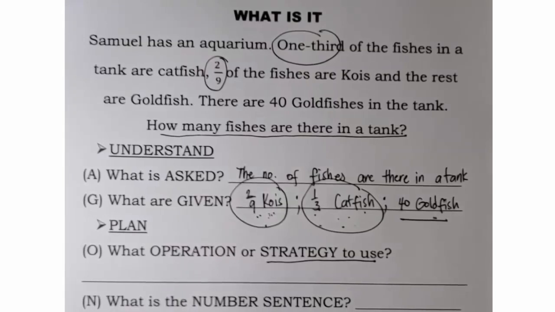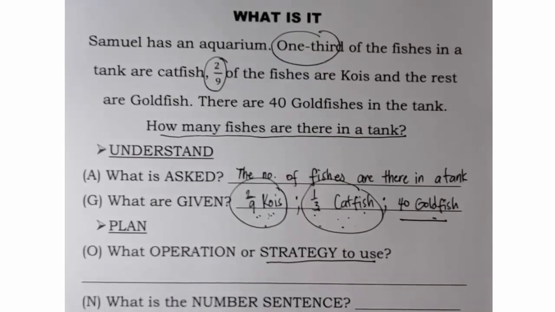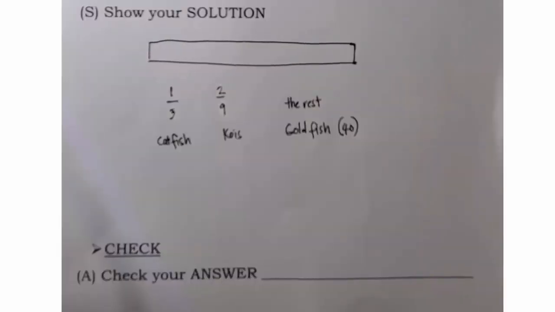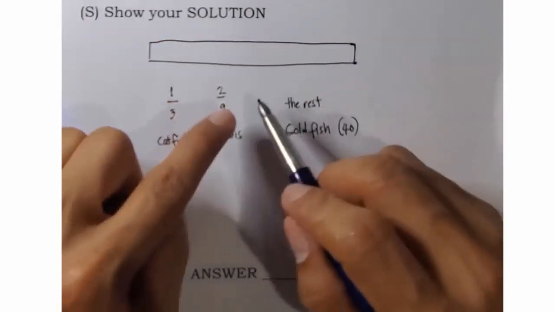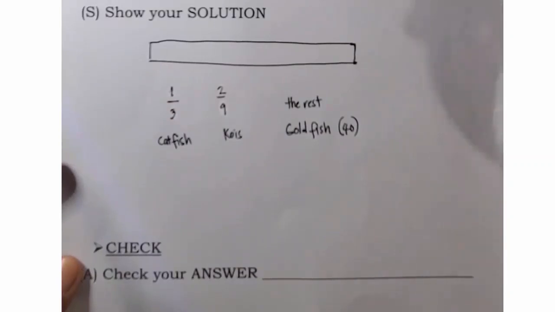Going back to our problem, let us decide what is the best strategy for us to solve this problem. Allow me to show you the solution, which is making a diagram through the model approach. In this problem, we have one whole rectangular block, which would represent the total number of fishes in the tank.